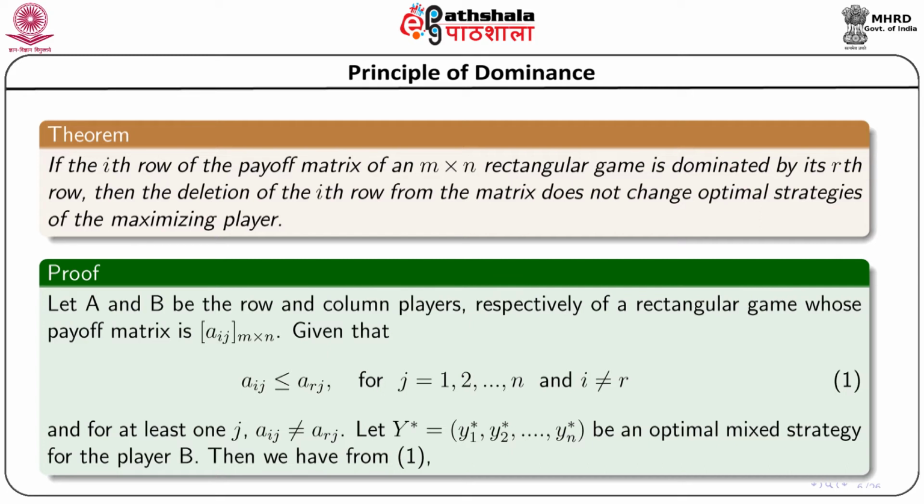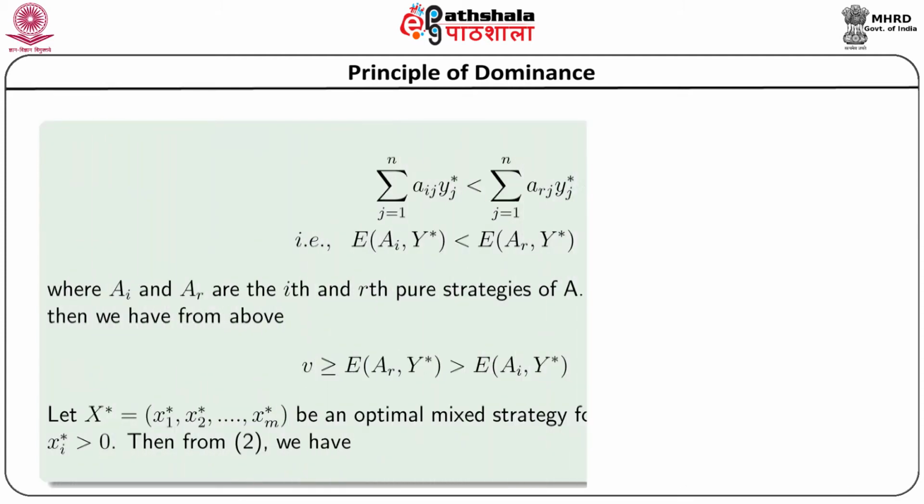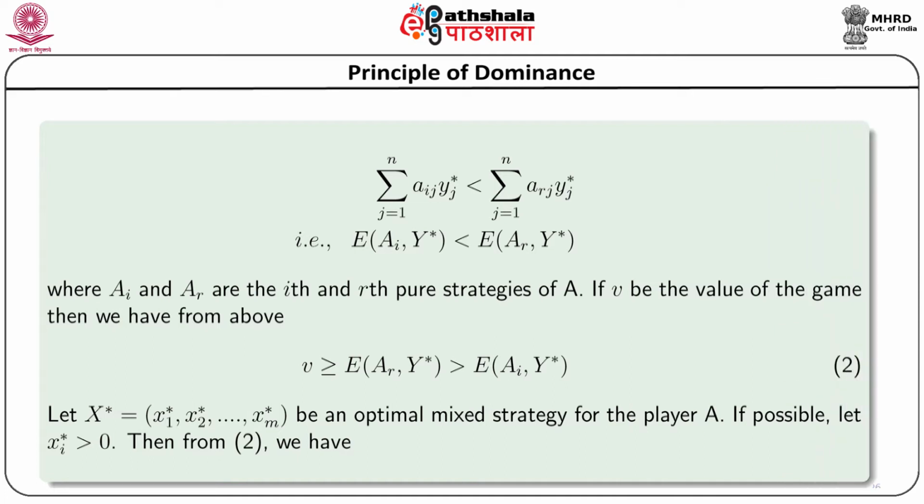Let Y star equal to (y1 star, y2 star, up to yn star) be an optimal mixed strategy for the player B. Then from equation 1, we have sigma a_ij y_j star, j varies from 1 to n, is less than or equal to sigma a_rj y_j star, where j varies from 1 up to n.